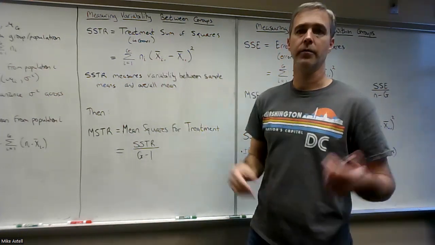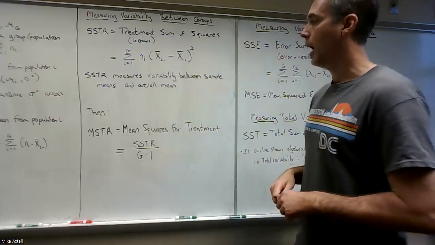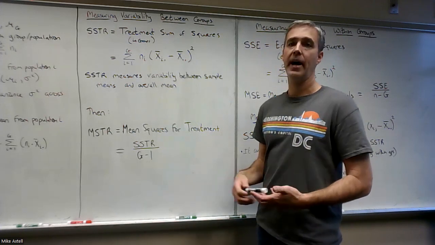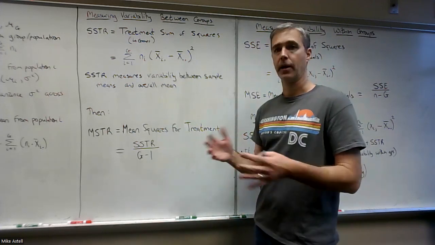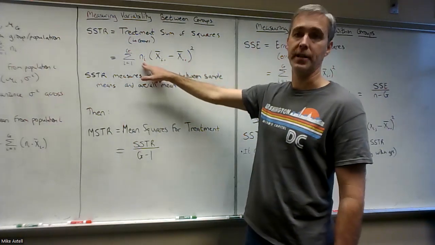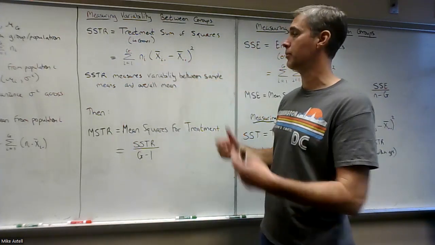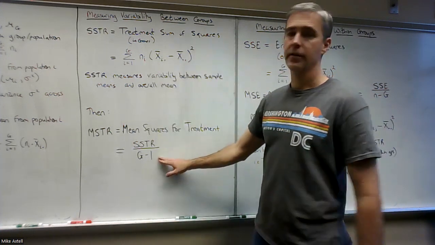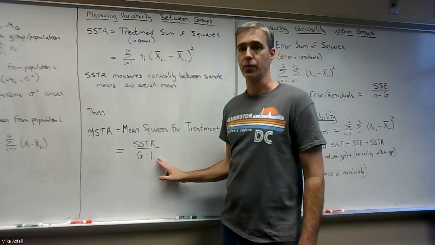Scaled by the number of data points, okay? We want to scale this down a little bit so we can compare across different populations. We don't want this number to be large just because we've got a whole lot of data points. So we're going to take that SSTR and divide by the number of groups minus 1.